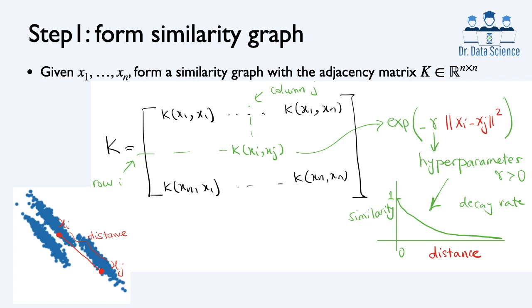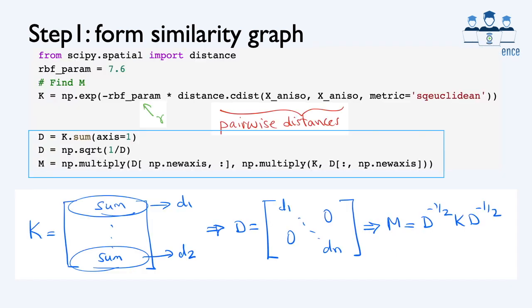So the first step is to form this adjacency matrix, which is K. Now you may wonder how we can do this efficiently in Python, and we can use the SciPy package. So from SciPy.spatial, we import distance, which has a lot of useful functions to find pairwise distances. And this rbf_param is the parameter for that exponential function.